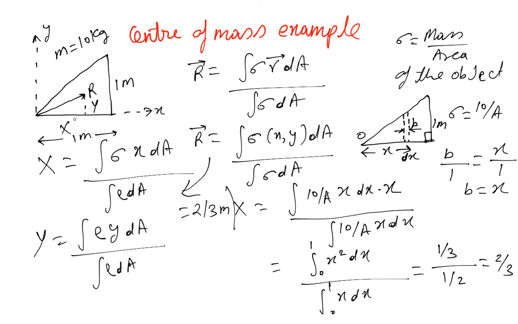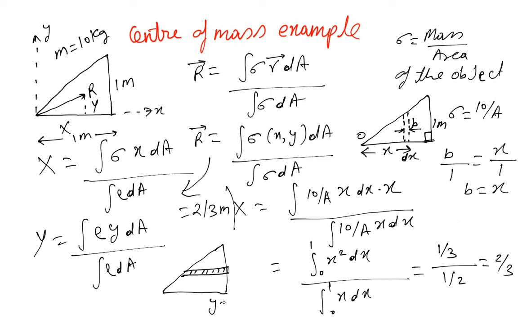And similarly, you can choose a y element. How will you choose a y element when you try to solve this part? Then you'll choose y like this, because on this area element y is not changing, and then I believe you'll find the same answer, because there's a symmetry in the system.